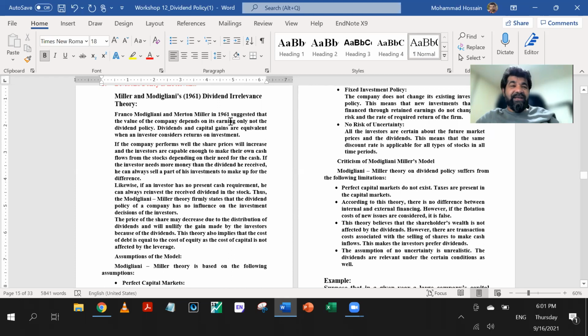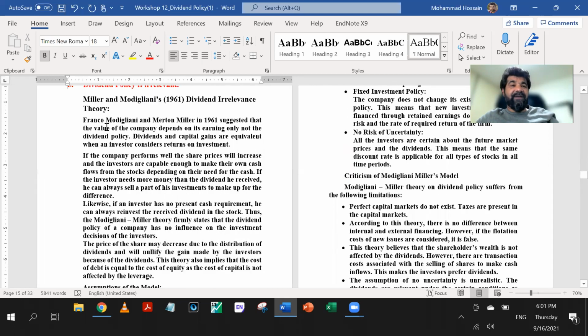Franco Modigliani and Merton Miller, in 1961, suggested that the value of the company depends on its earnings, not on how much dividend they pay. Some businesses might take a loan and give a dividend to show off that we are doing well, keeping the shareholders happy.